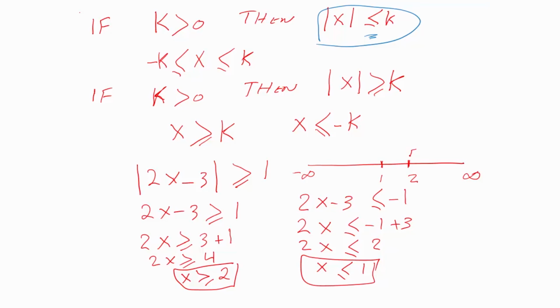So I'm going to put a bracket this way, greater than or equal to 2. That means to this direction. The other one is less than or equal to 1. That means a bracket facing minus infinity. And it would be in this direction.